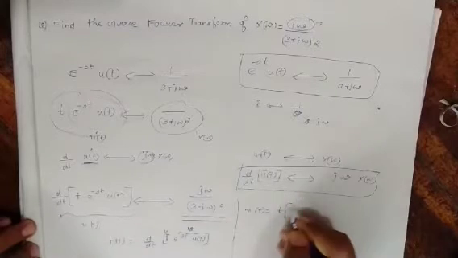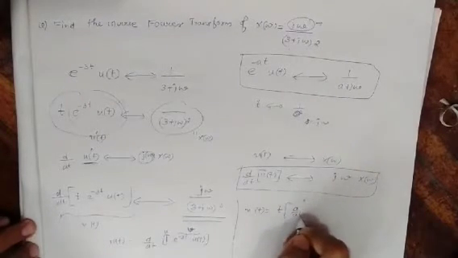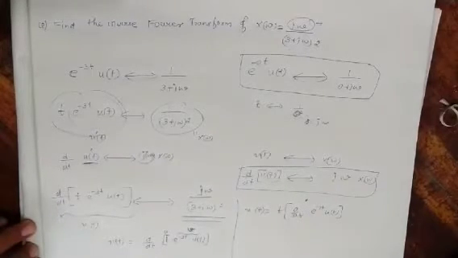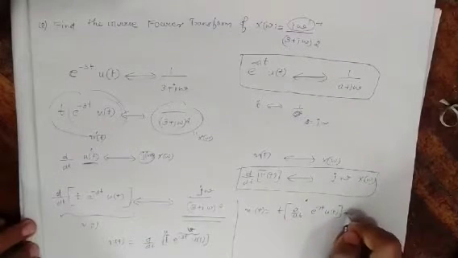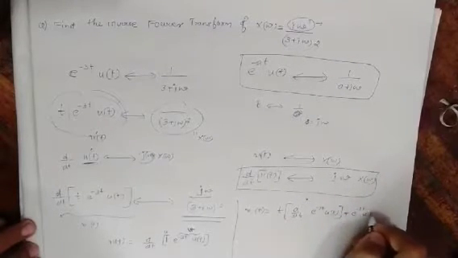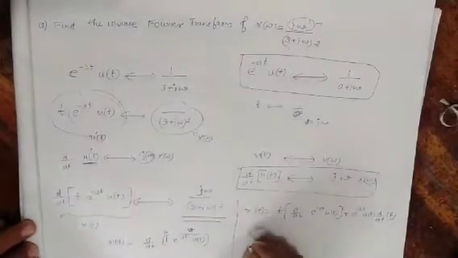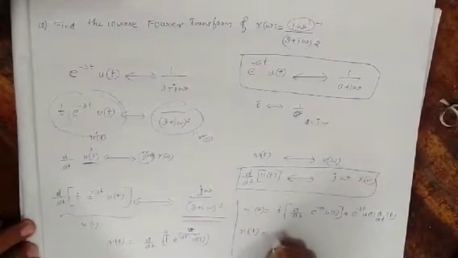Okay, that is t into d by dt of e raised to minus 3t u of t plus e raised to minus 3t u of t into d by dt of t.